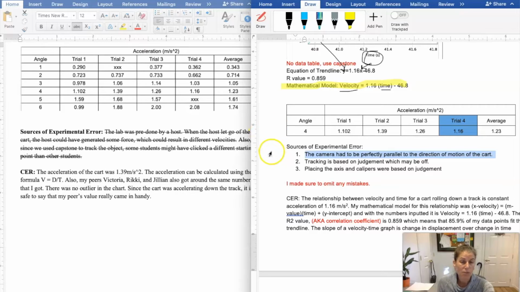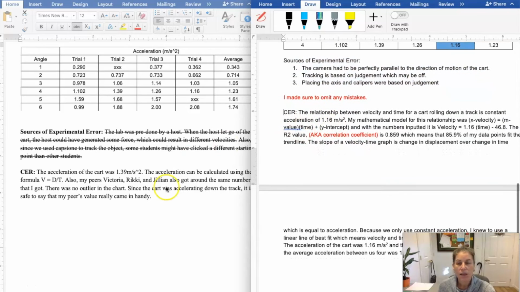And you can't really do much about it because they're all judgment calls. And these three actually are true for every single time we use video capture. So they're great. You can explain them a little bit more. This is kind of a very superficial treatment, just naming them without explaining how they affect, but this is the start for sources of experimental error, okay?